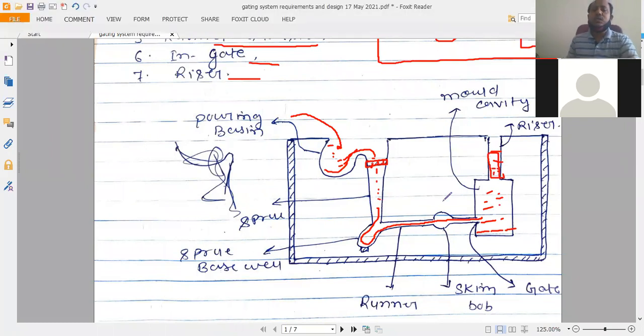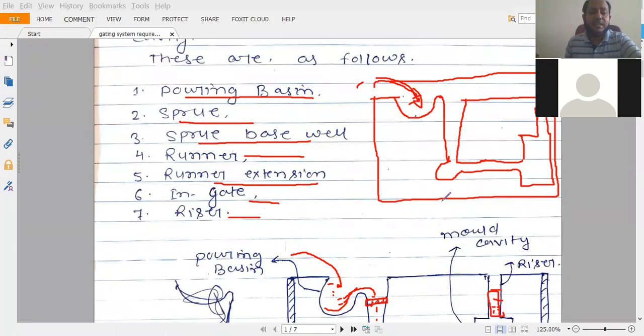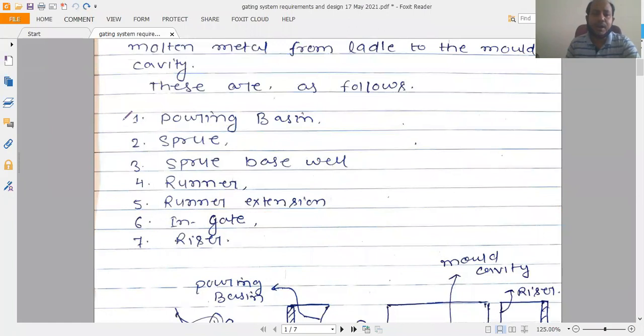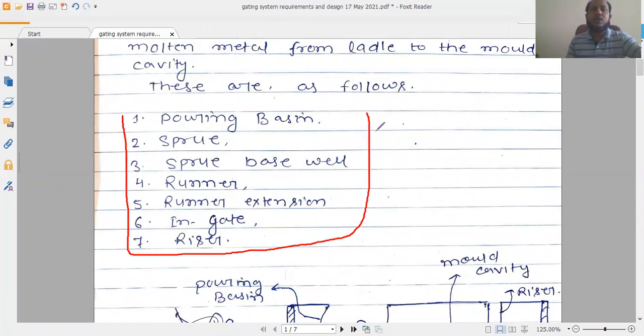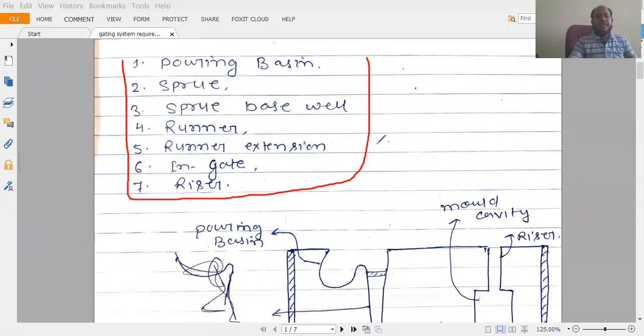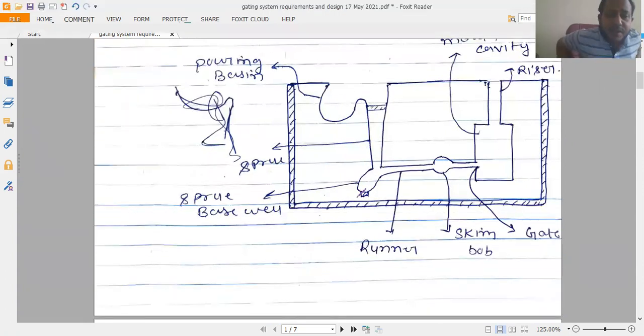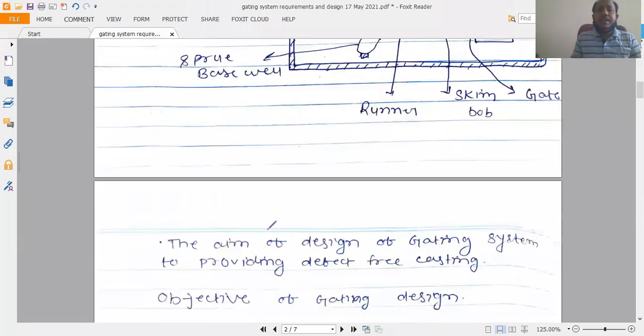So these are the whole things we have to do with the help of the gating system, which has seven parts that I have written here: the pouring basin, sprue, sprue base well, runner, runner extension, ingate and the riser. So why is this gating system required?